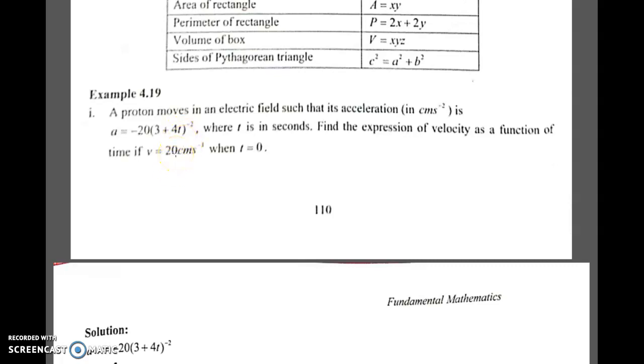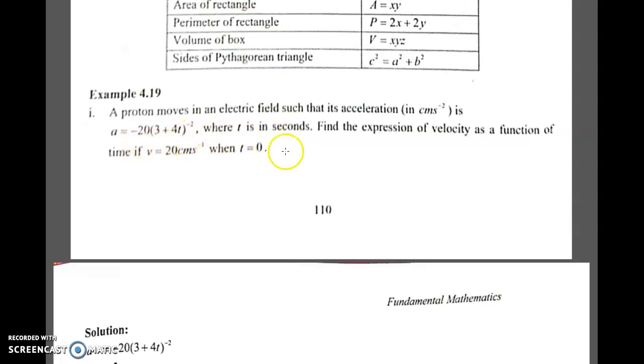So in any given second, we'll be able to measure the acceleration just by substituting the value of t here. Now they want us to find the expression of velocity as a function of time if, when t equals 0, the velocity is equal to 20.